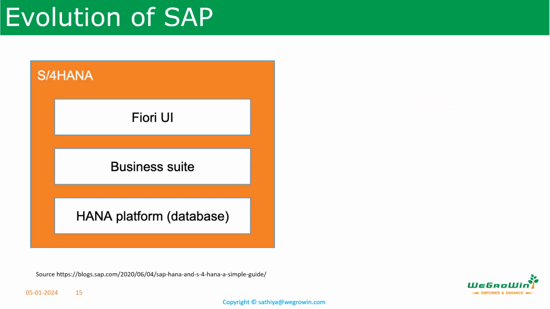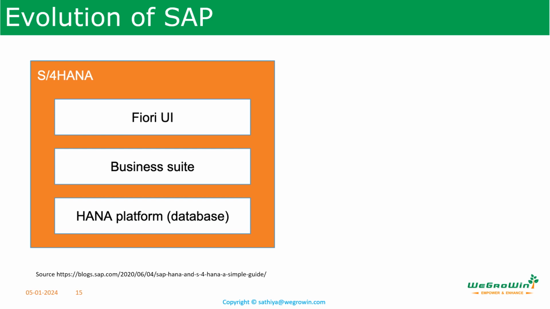The main building blocks of S4HANA are the HANA platform or HANA database, a new database that solves the problems faced by ERP. Second is S4HANA Business Suite, that is the updated version of Business Suite 7 taking advantage of the benefits of the HANA platform. And then Fiori, a new approach to user interface with more focus on flexible app style development and mobile.